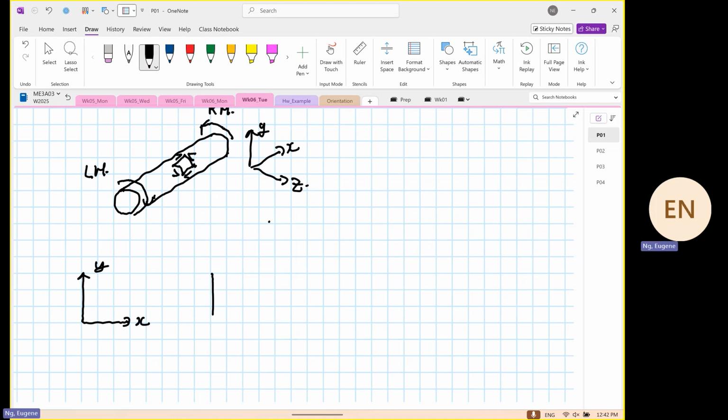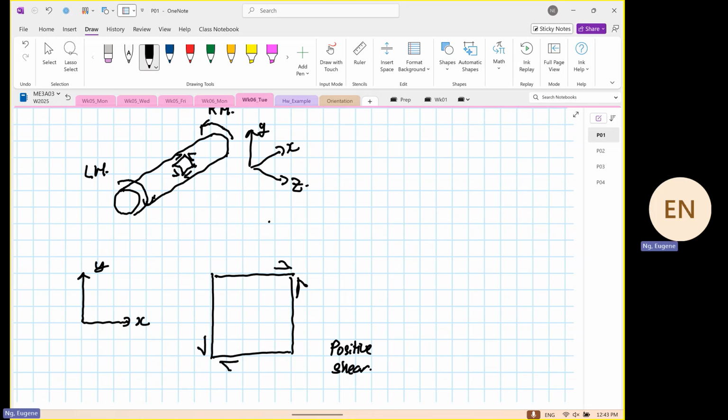What we see now is we are going to induce what we call positive shear. Okay. So now we are going into Mohr circle.